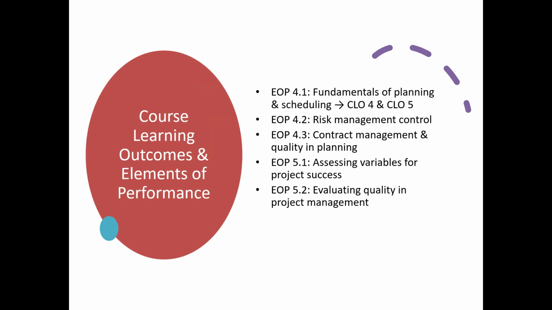Now we can see the third slide, which is on course learning outcomes and elements of the performance. So the learning outcomes for this module revolve around two core areas. The first one is we examine the fundamentals of planning and scheduling.